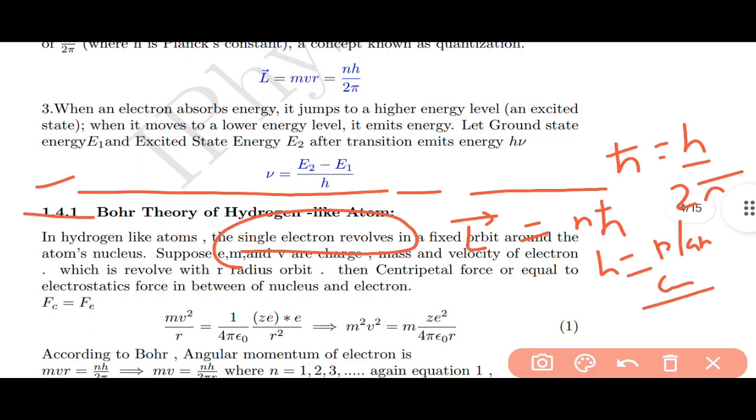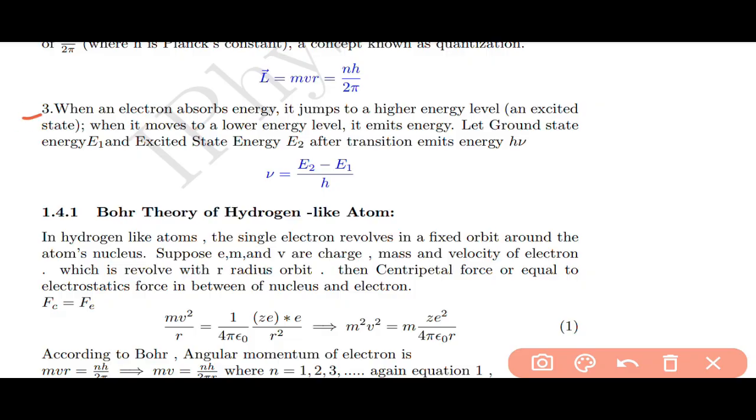Third postulate is: when an electron absorbs some energy, it jumps to a higher energy level, and when it moves to a lower energy level it emits some energy.